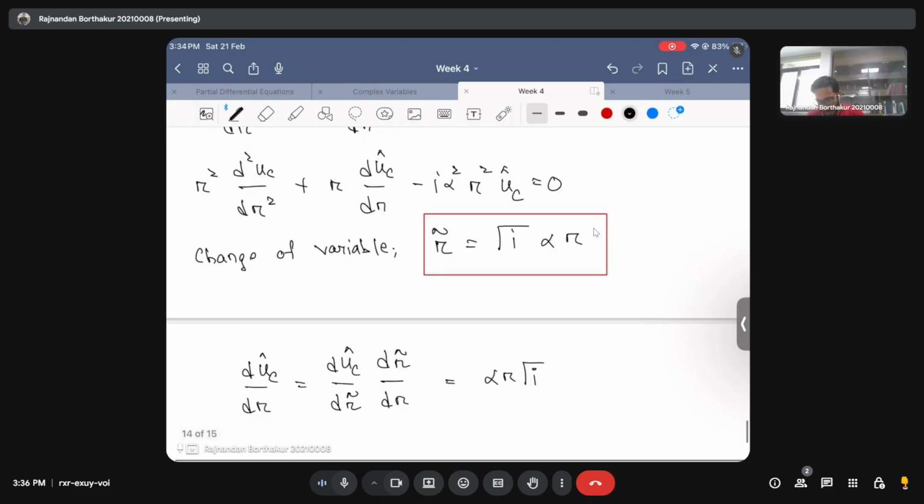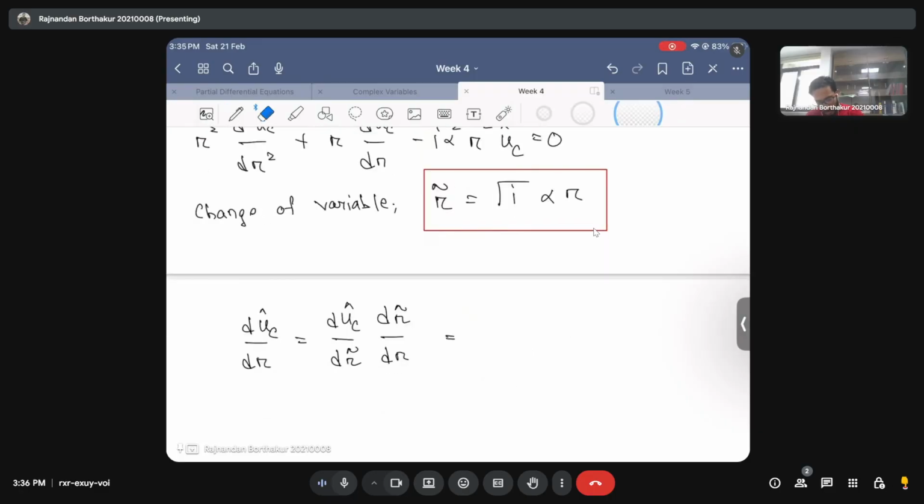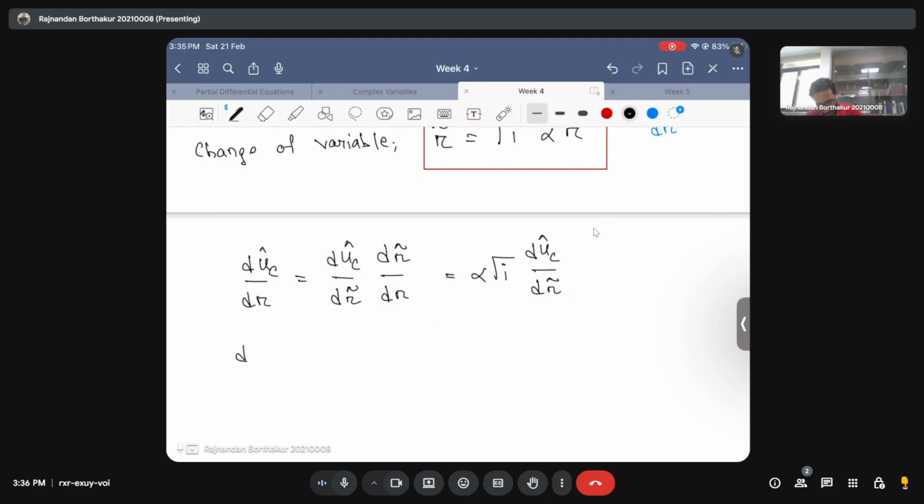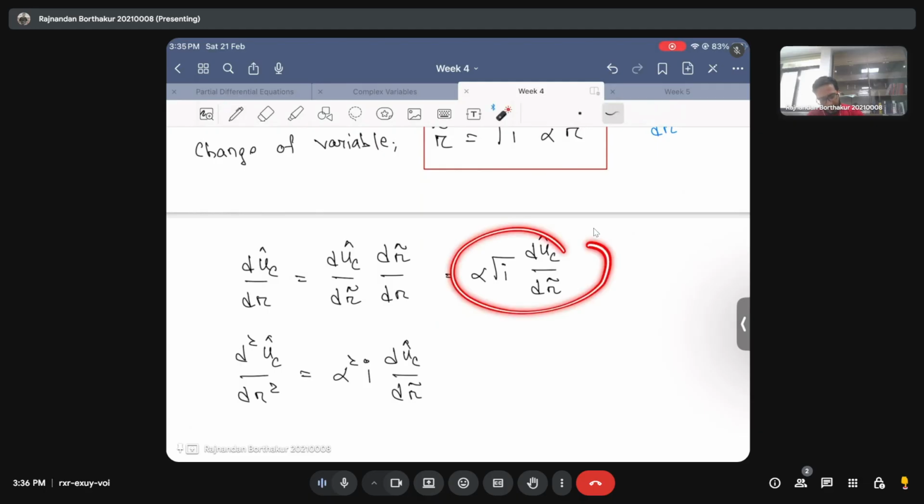Sorry, r is not going to be there, because I'm taking the derivative. So it is going to be alpha times root i times d u_c hat by dr tilde. And similarly, you can show that d2 u_c hat by dr2 is going to be equal to alpha squared i d2 u_c hat by dr tilde squared. All you need to do is differentiate this with respect to r once again and then apply the subsequent chain rule.